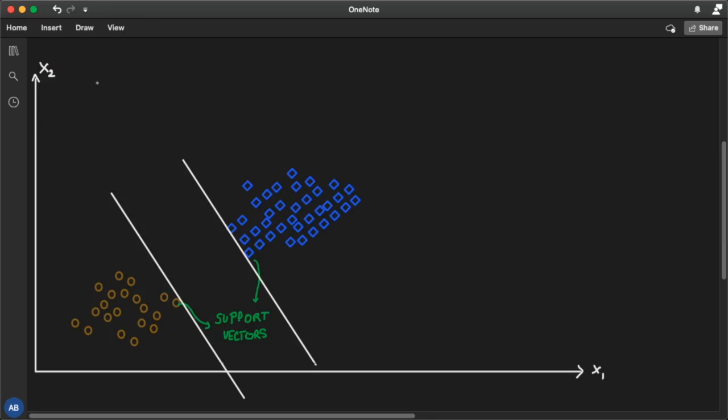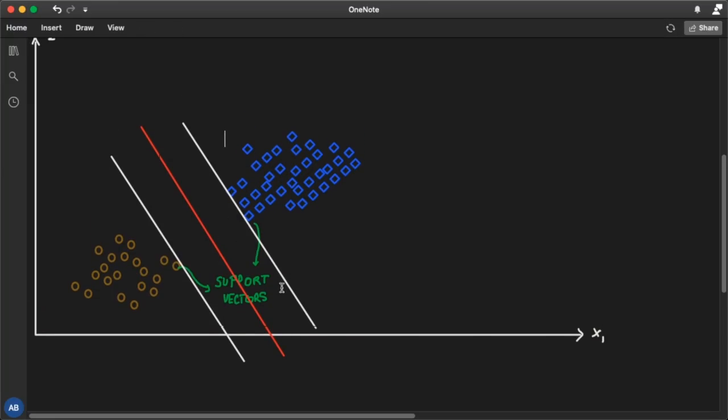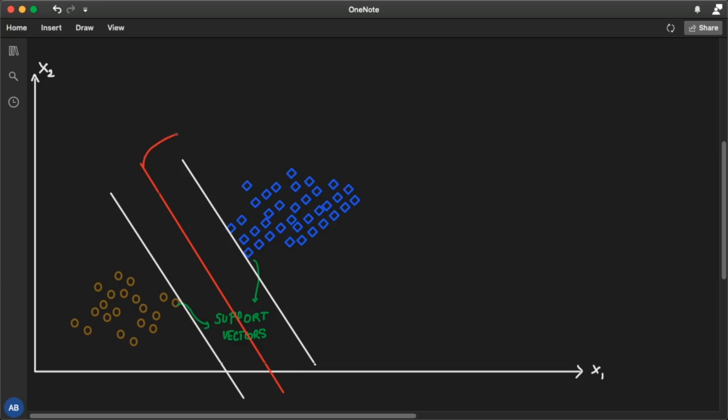So in that case, what SVM or the hard SVM would do is pass a line in the middle of those two support vectors. Okay? And this hyperplane or line would then be called the support or the supporting hyperplane.